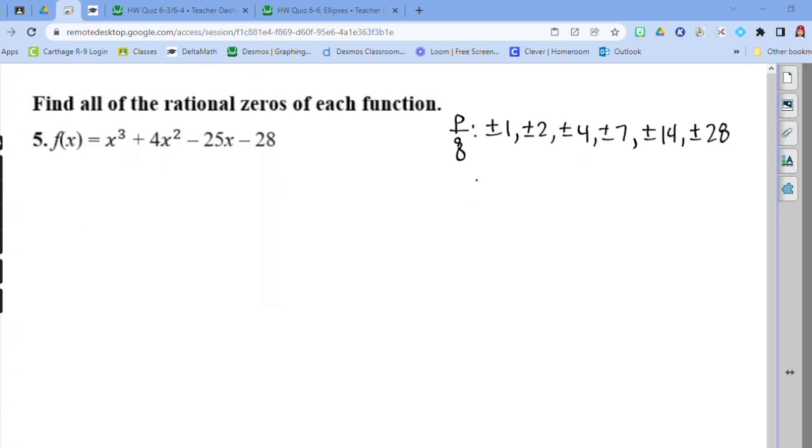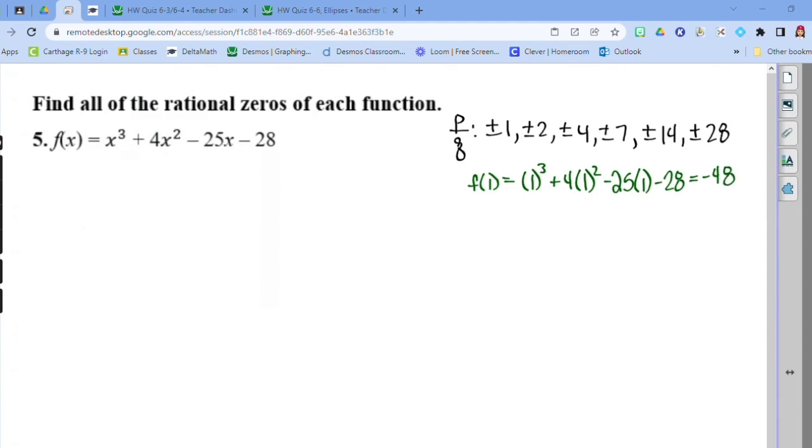So evaluate it for 1. I have 1 to the 3rd plus 4 times 1 squared minus 25 times 1 minus 28. That gives me negative 48. So definitely not something I can work with.